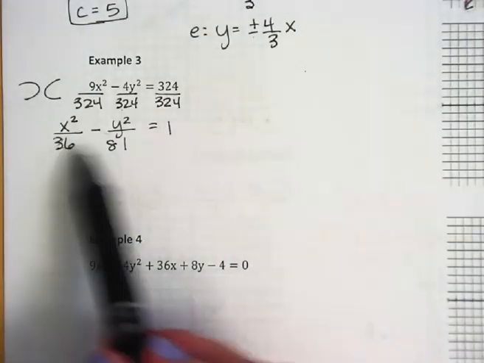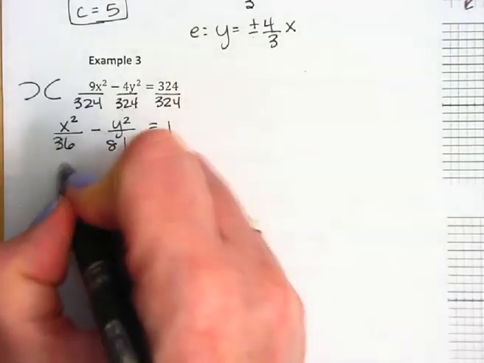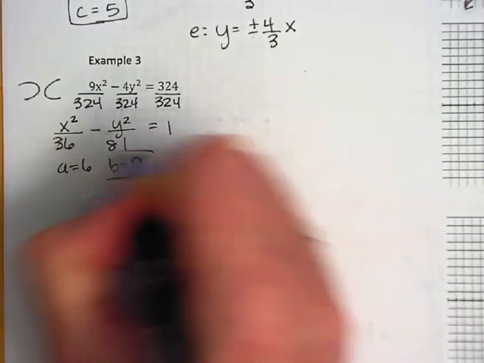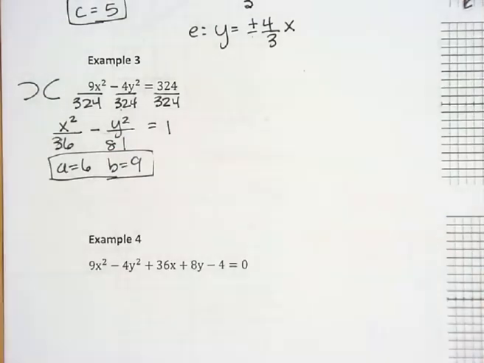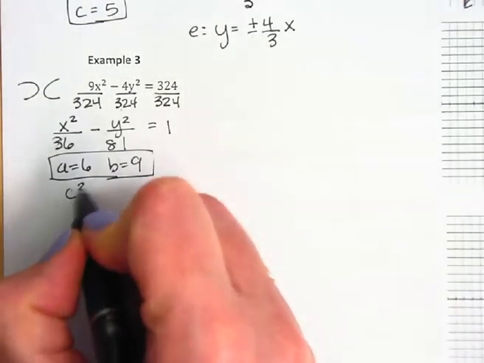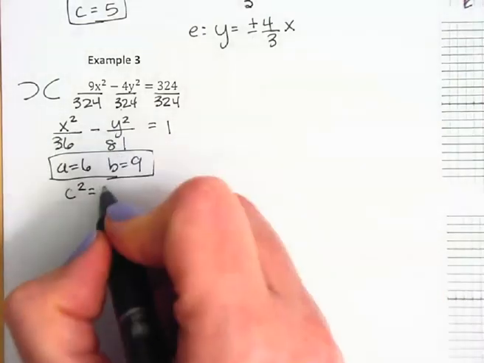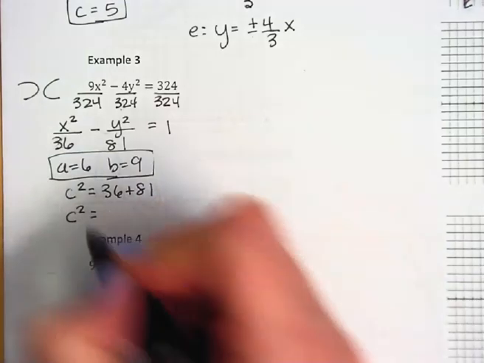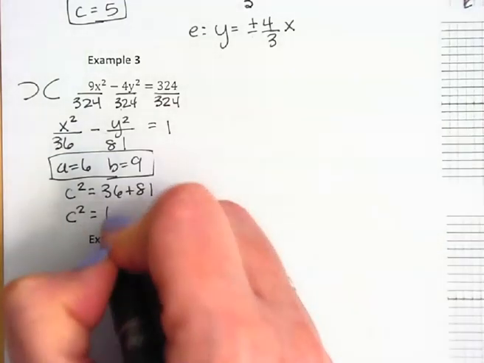So this is my a squared and b squared, so a equals 6, b equals 9. Then c squared is a squared plus b squared, so that's 36 plus 81, which is 117.